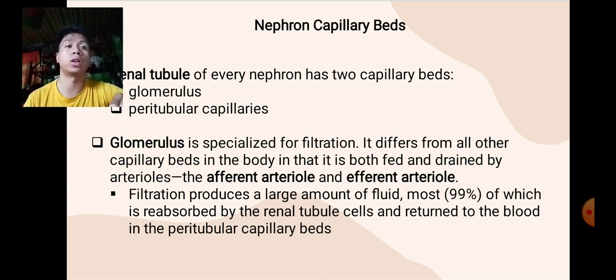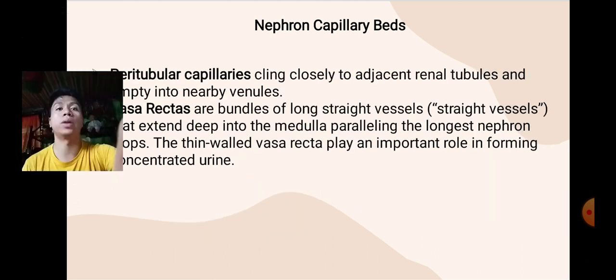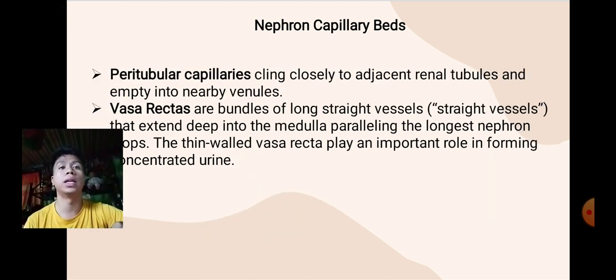Filtration produces a large amount of fluid, 99% of which is readily absorbed by renal tubule cells and returned to the blood in the peritubular capillaries. So we have here the peritubular capillaries. They cling closely to the adjacent renal tubules and empty into the renal venules.